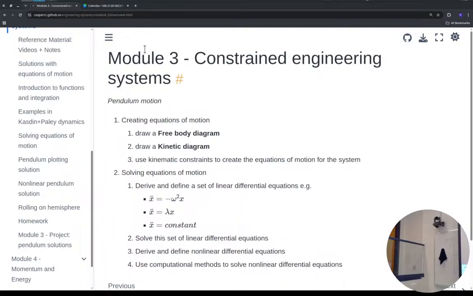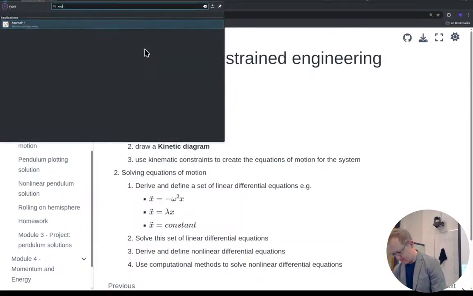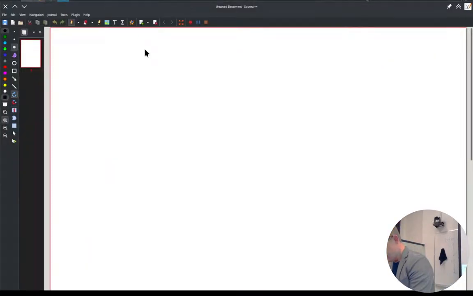What concepts were we dealing with? Pendulum. Pendulum and space. 360.